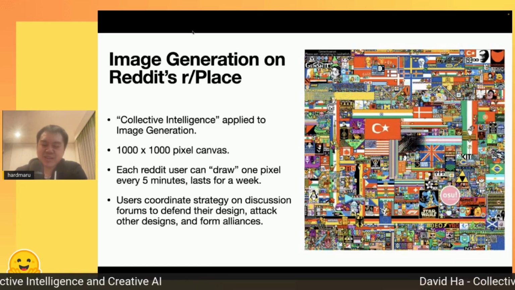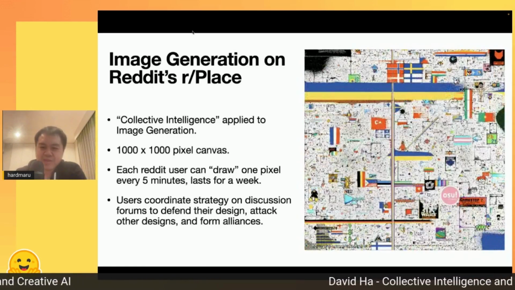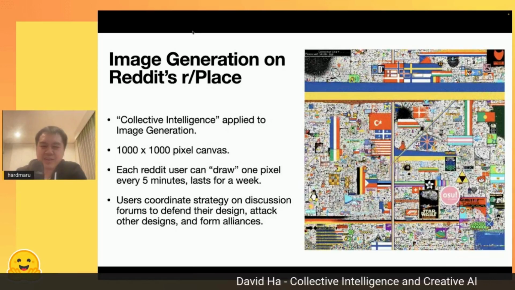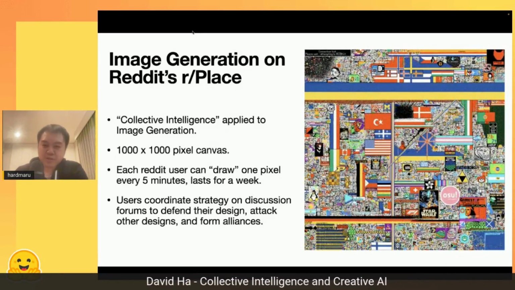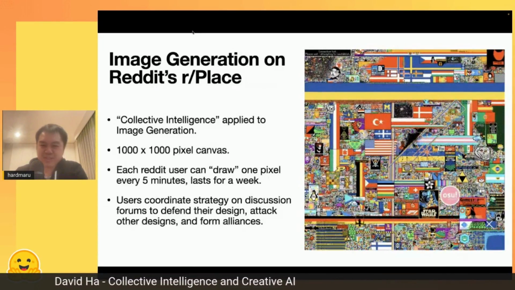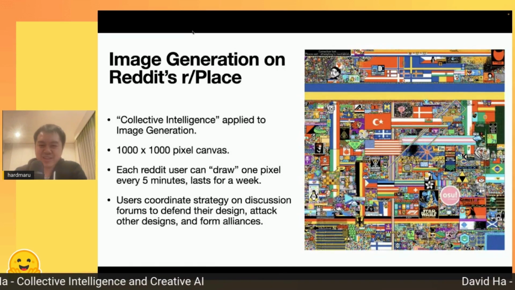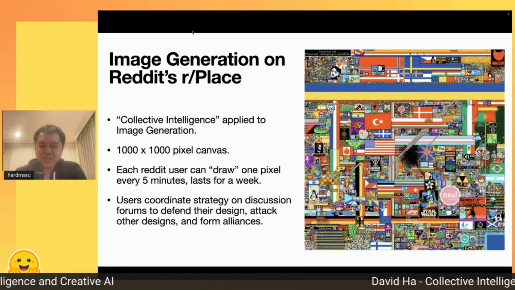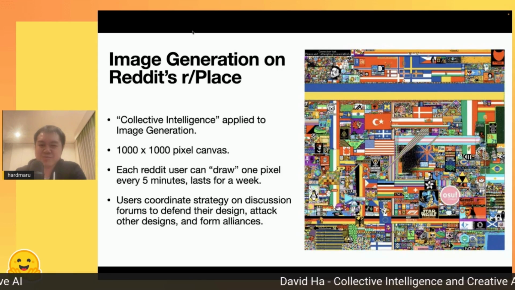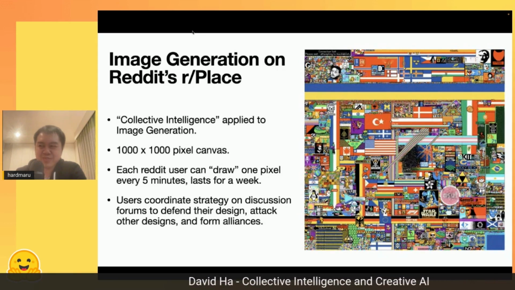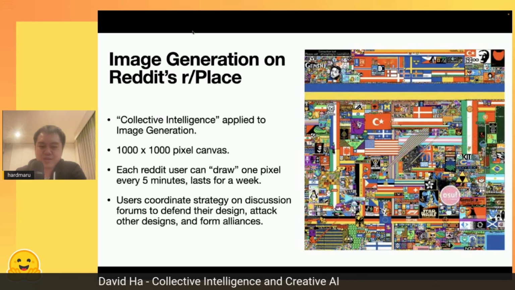I think this epitomizes many things that are happening right now in the diffusion models space, in the open source creative community. It really resonates with what's going on in the machine learning space as well.